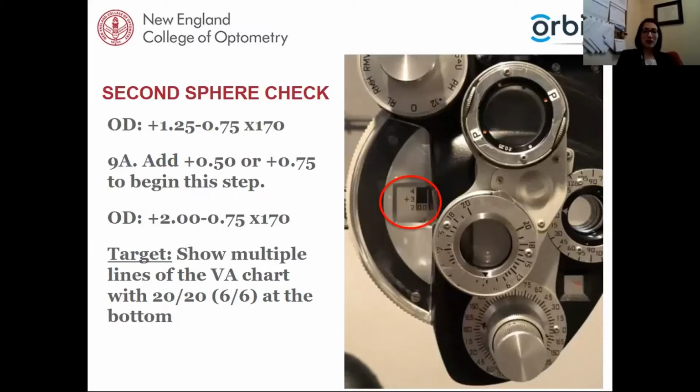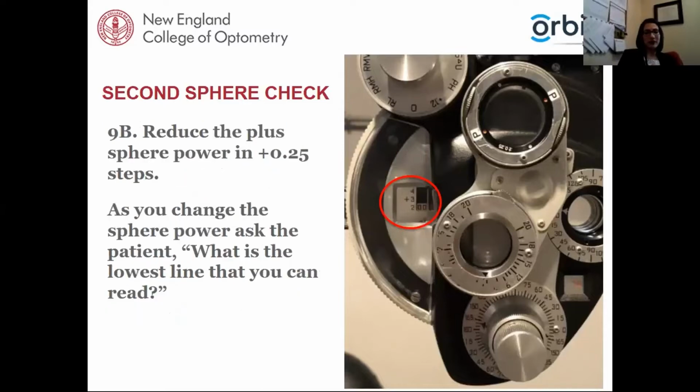But if all is going according to plan, you would want to open up the chart with the 20/20 line at the bottom. And you start to reduce the plus power in quarter diopter steps, asking the patient, what's the lowest line that you can read? So if you're starting at plus 2, instead of the plus 1.25, you'd say, what's the lowest line you can read?